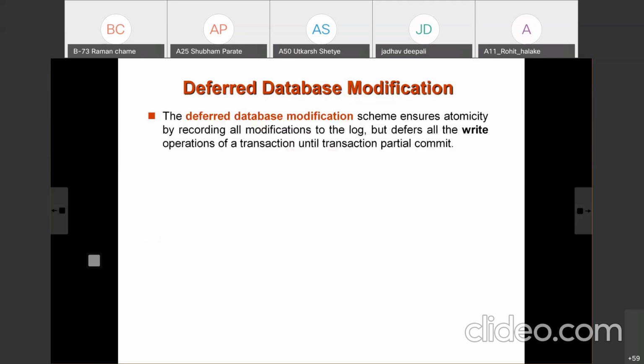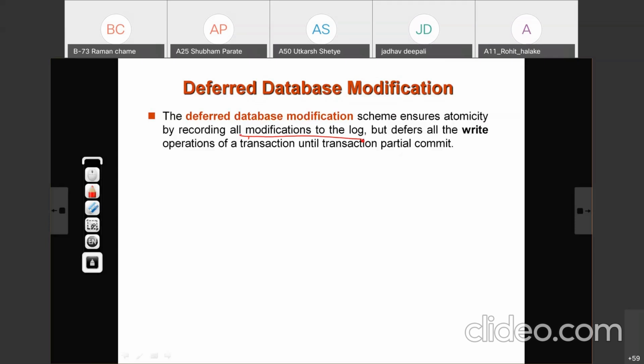The deferred database modification scheme ensures atomicity by recording all modifications to the log. As I told, logs are first created. Recording all the modifications to the log means that when we transfer 50 from account A to account B, we need to modify data item A and also data item B. All modifications are first recorded, but deferred.